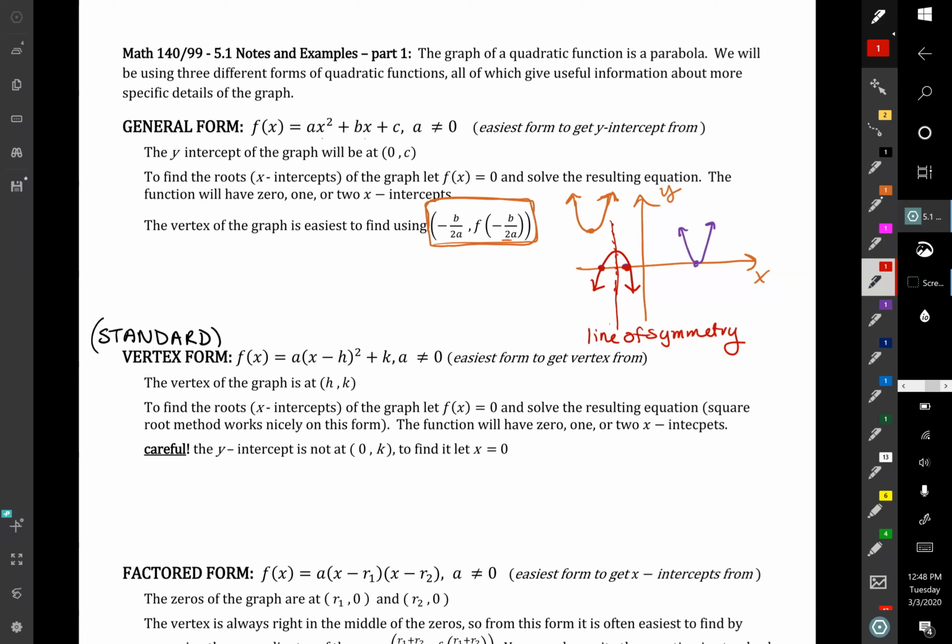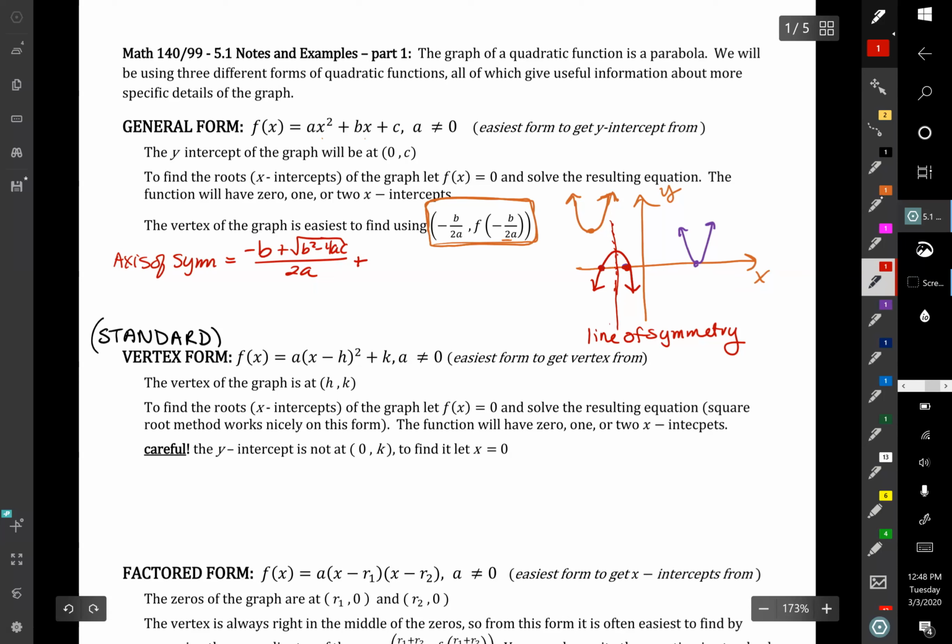So our axis of symmetry would be one of my intercepts, minus b plus the square root of b squared minus 4ac all over 2a.